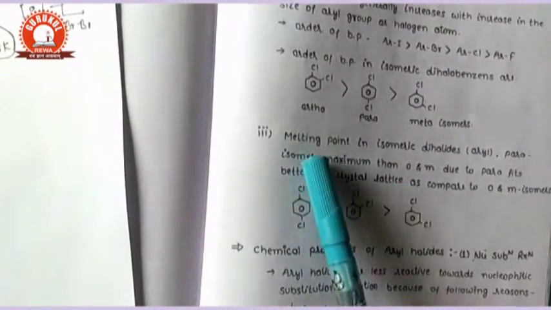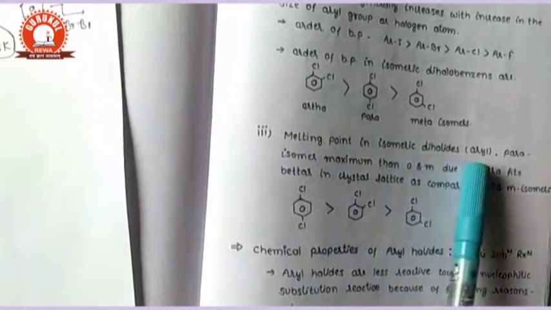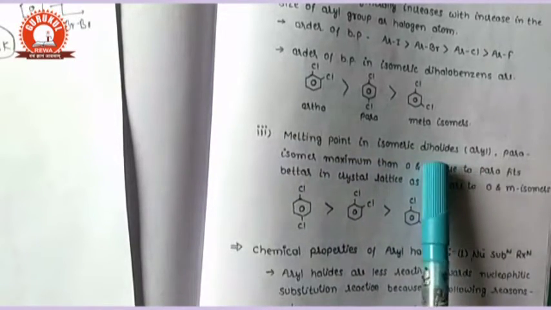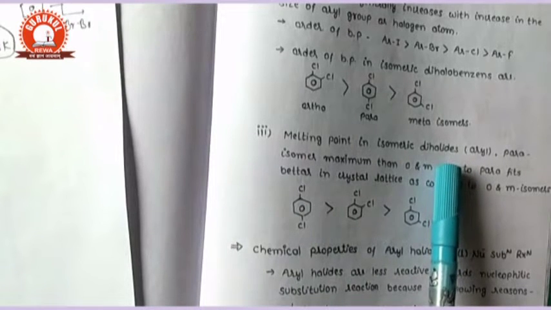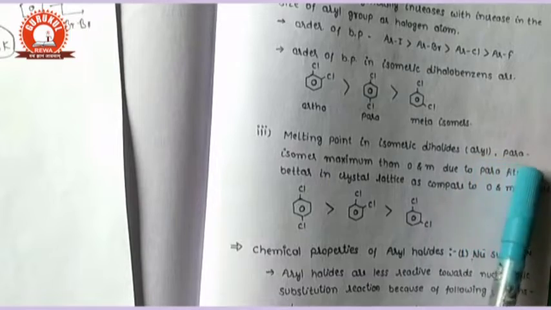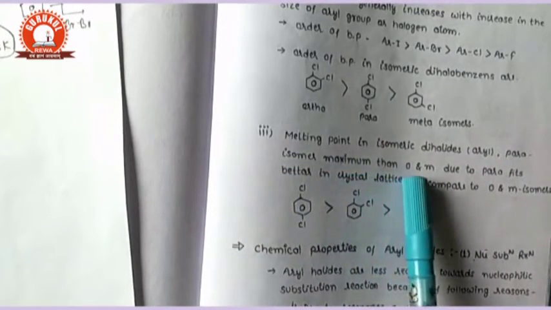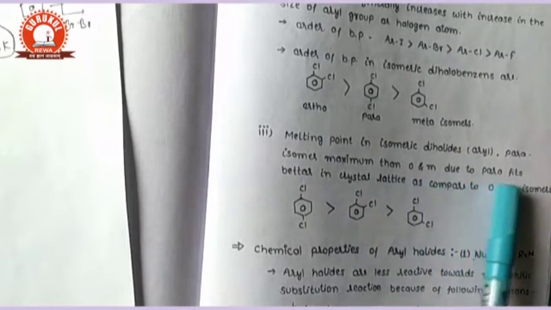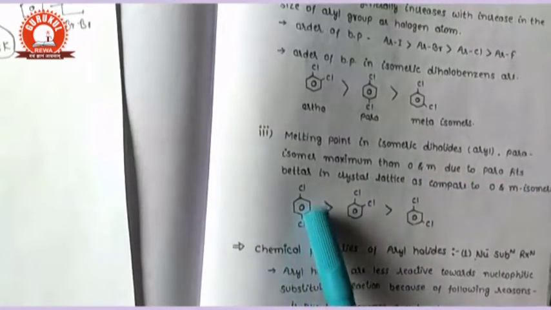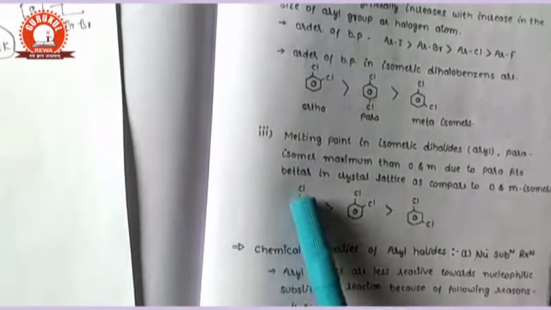Next part is the melting point. If you see the melting point of isomeric dihalides, meaning two halogens are present, correct? Aryl means benzene ring. The para isomer has the maximum melting point compared to ortho and meta, due to the para fitting better in the crystal lattice. So these have a higher melting point compared to ortho or meta.